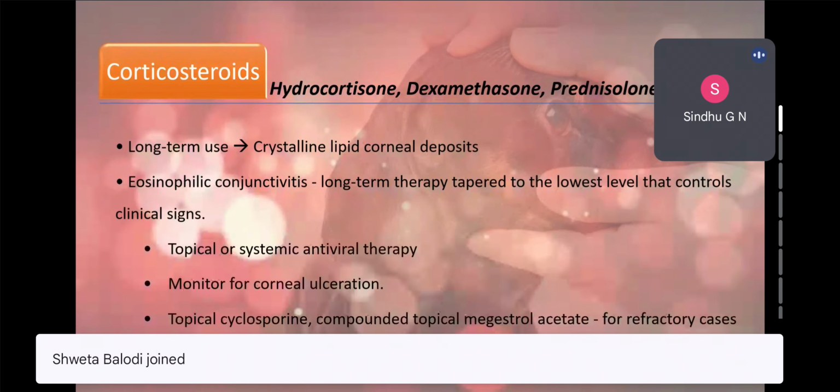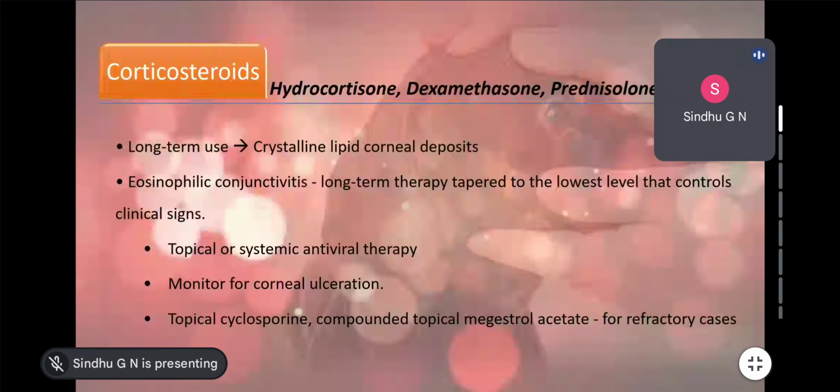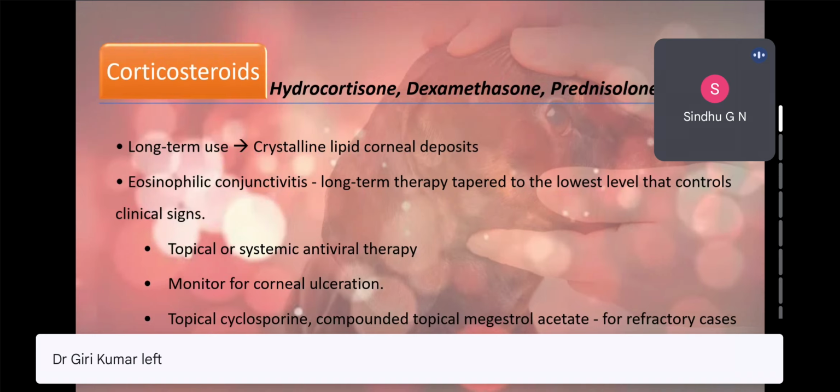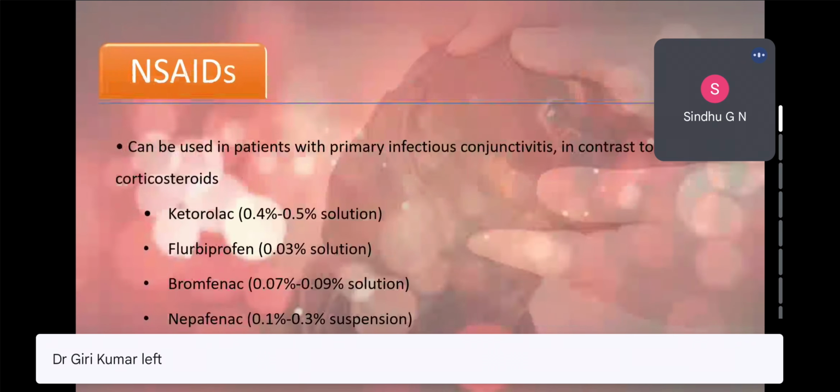Monitor for corneal ulceration, especially when we use long-term corticosteroids, chances of corneal ulcerations are there. So frequently monitor for ulcerations. And topical cyclosporins or topical megestrol acetate preparations, compounded preparations, can be used in refractory cases of eosinophilic conjunctivitis. But usually they respond very well to steroid therapy.